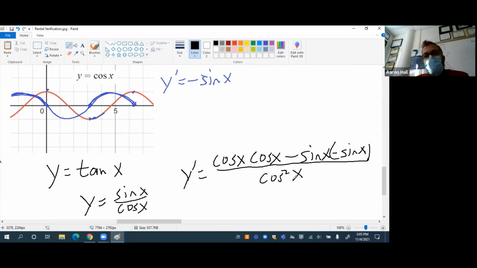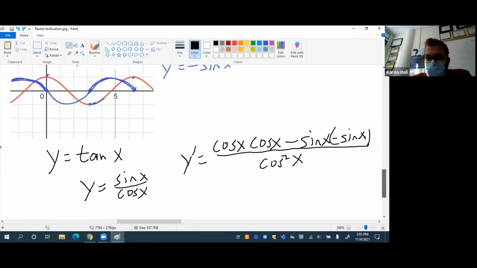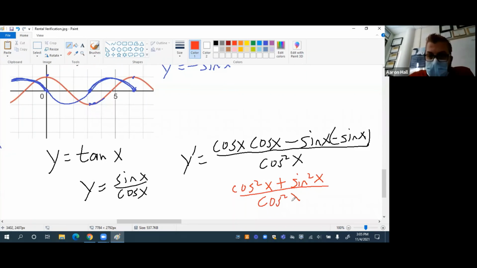Does that look good? Is there any way to clean this up? What's cosine of x times cosine of x? Cosine squared of x. What's negative times a negative? A positive. What's sine of x times sine of x? Sine squared of x over cosine squared of x, okay?